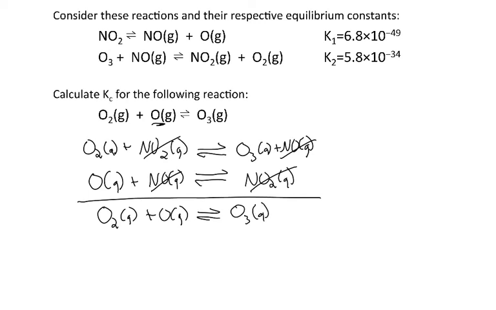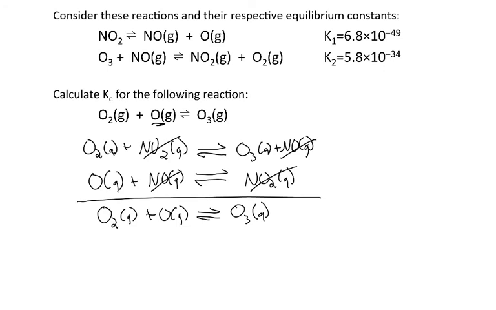So by manipulating the given reactions the way that I did and then adding them together, I do get the third overall reaction. And so what I need to do is figure out what is the K for these two reactions and then multiply them together. So for this first one, I had to reverse K2.